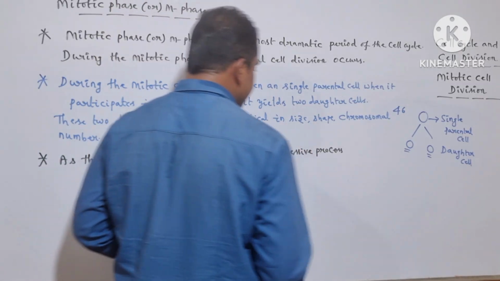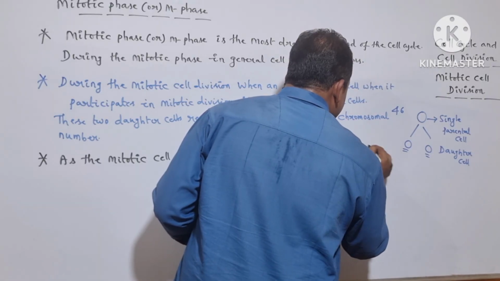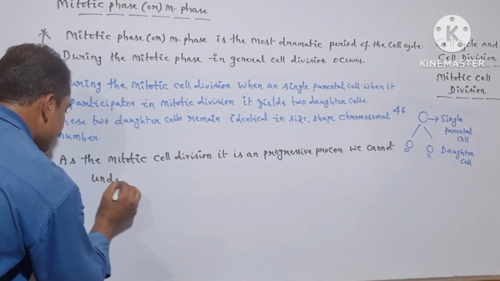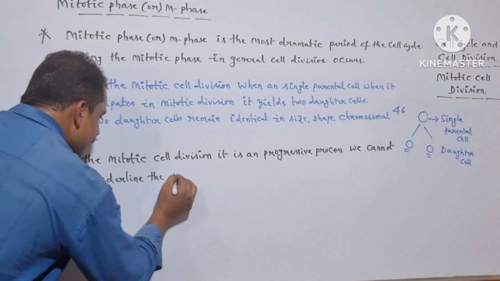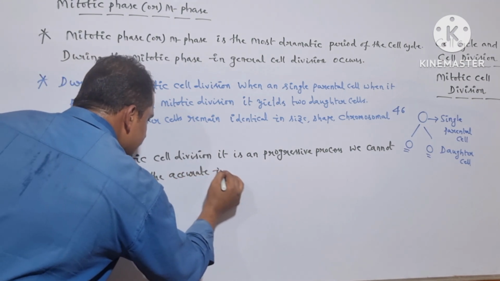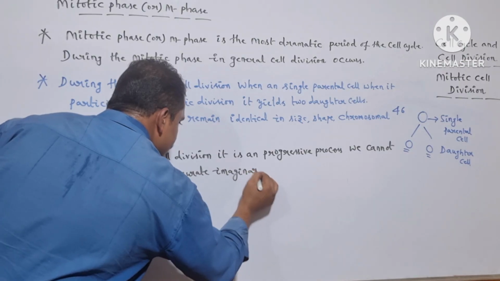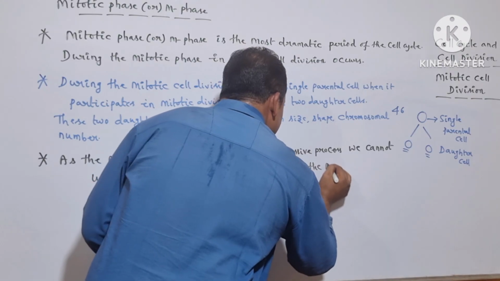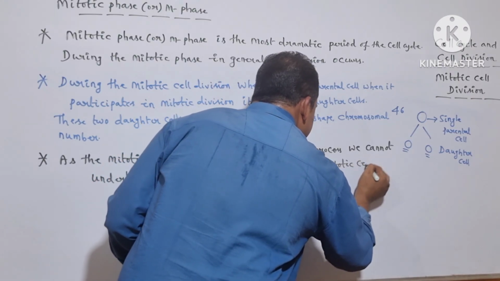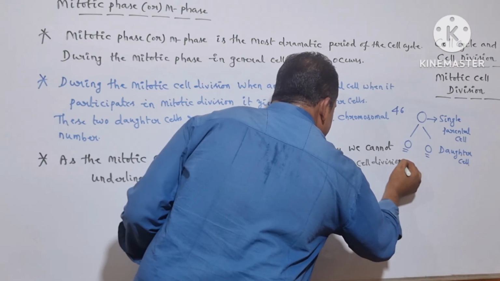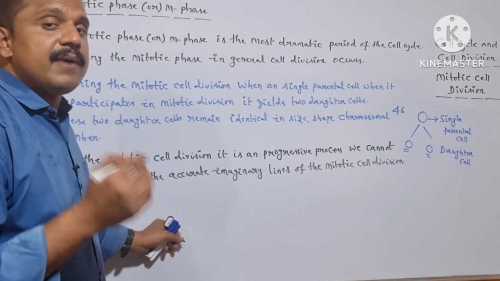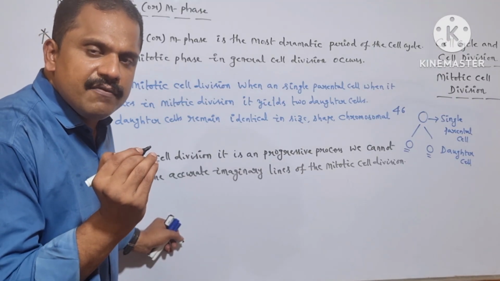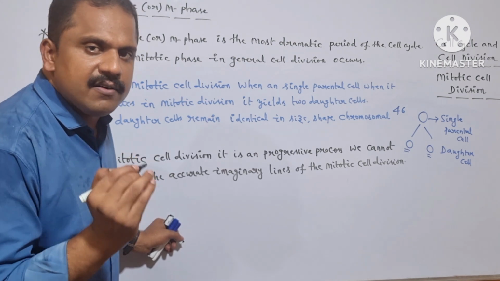And in order to understand mitotic cell division, we can take advantage of four different phases, by which we can easily understand mitotic cell division in detail.